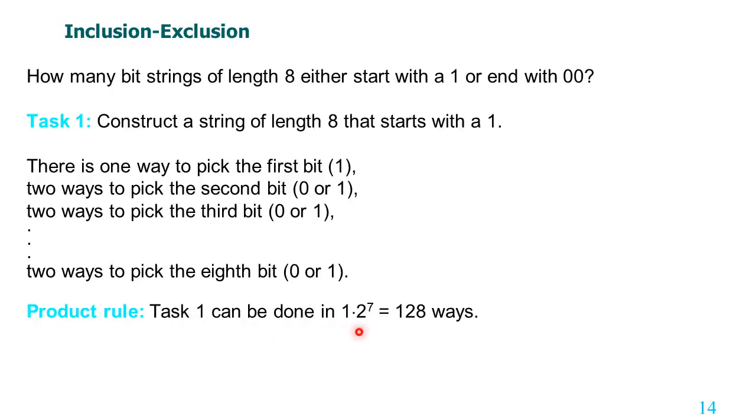Task 1 can be done in 1 times 2 to the power 7, that is 128 ways. Since the first bit has only one choice, and the rest of the bits have two choices each.